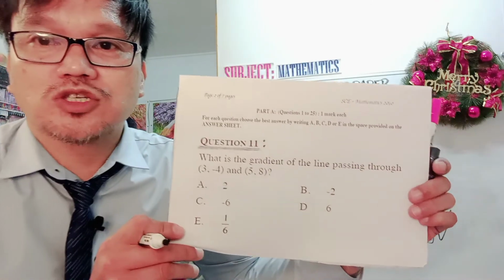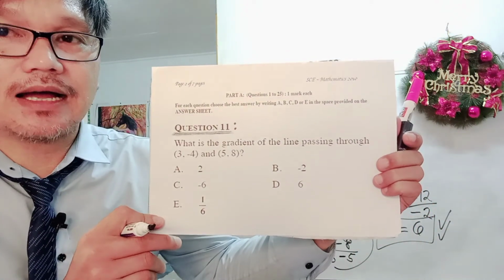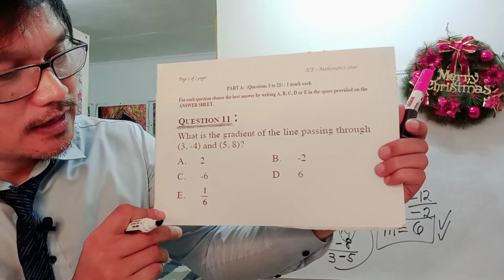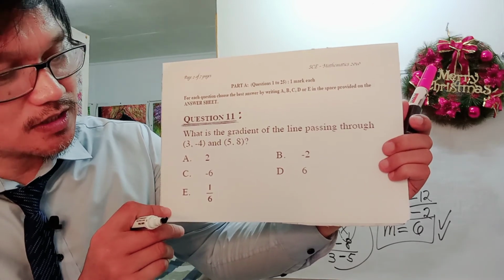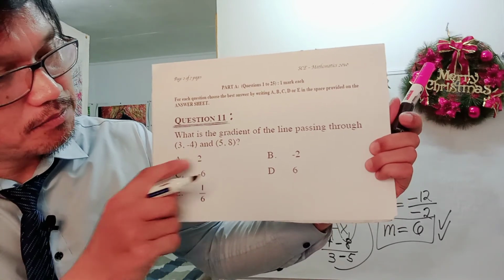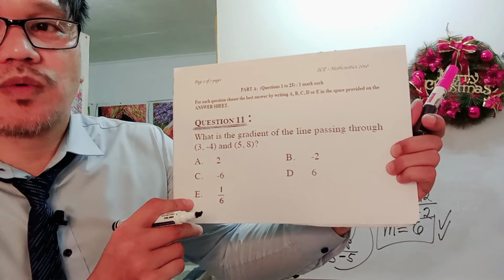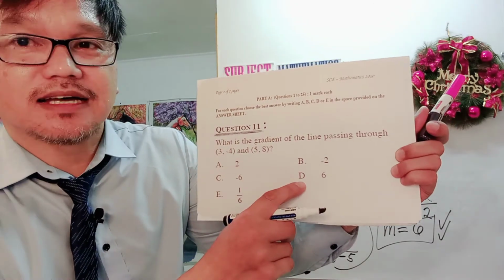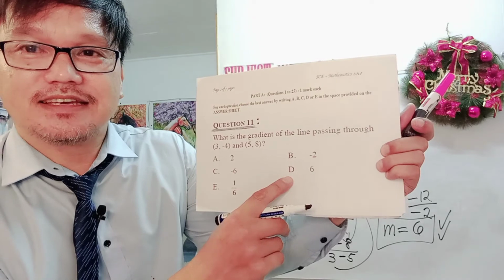Which do you think is the option for question number 11, finding the gradient of the line given the 2 points? A, B, C, D, and E. Which one has a positive 6? That is letter D. So in question number 11, letter D is the correct answer.